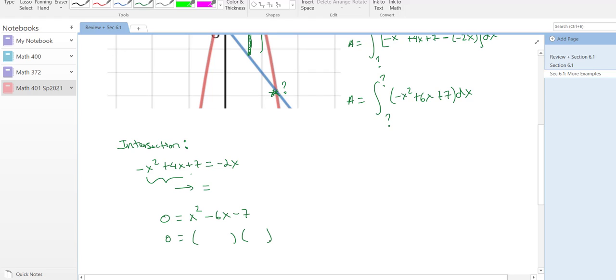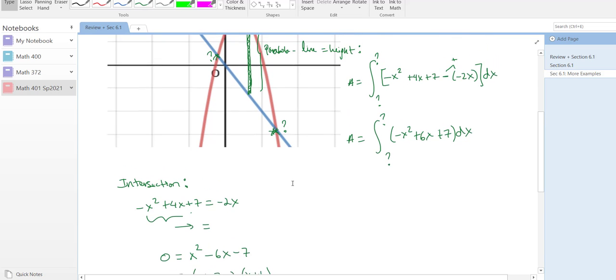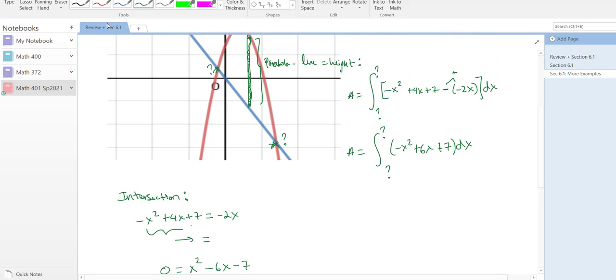If it doesn't factor, then we would need to use the quadratic formula. But this factors into x minus 7 and x plus 1, which means that either x is equal to 7 or x is equal to negative 1, which makes sense based on our picture.